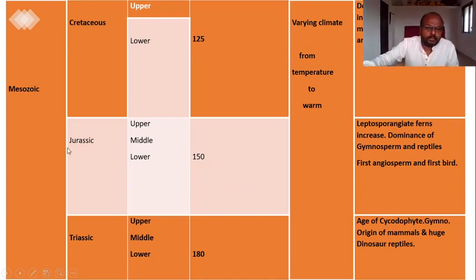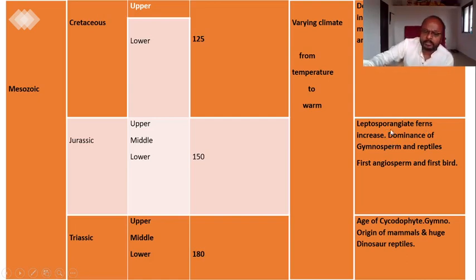The second period of the Mesozoic is the Jurassic, again divided into upper, middle and lower Jurassic, and the age is 150 million years ago. The climatic condition is the same as the Triassic period, and here the plant group leptosporangiate fern increases.